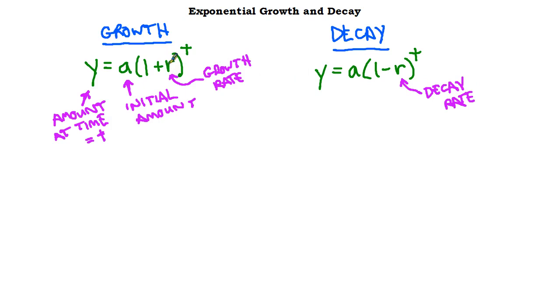R is like a percent. When we do math with percents, we'll write it as a decimal. But r could be like 0.05 or 0.75, and r could be like 0.25 or 0.07. And then when you do 1 minus that, you get a decay. And if you do 1 plus the growth rate, then you get growth. Okay, so that's kind of the gist of how these formulas work.